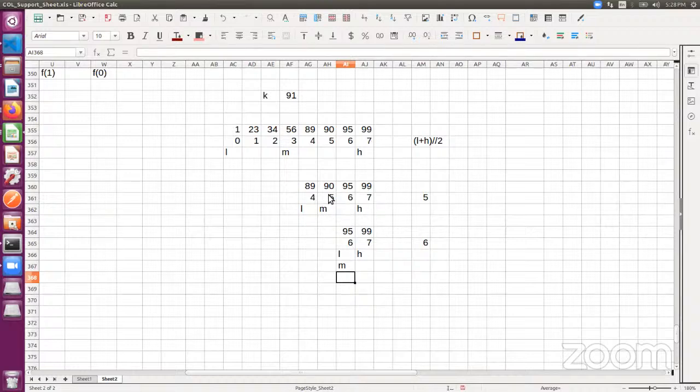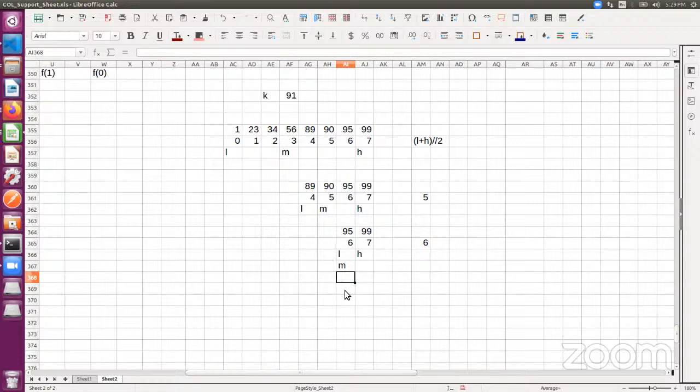Here also, we know that 91 is greater than the center element, so we made L point to the next index of M. If the element is less than the mid element, L would be the same and H would become one element less than M, the element before M. So the index would be 5.